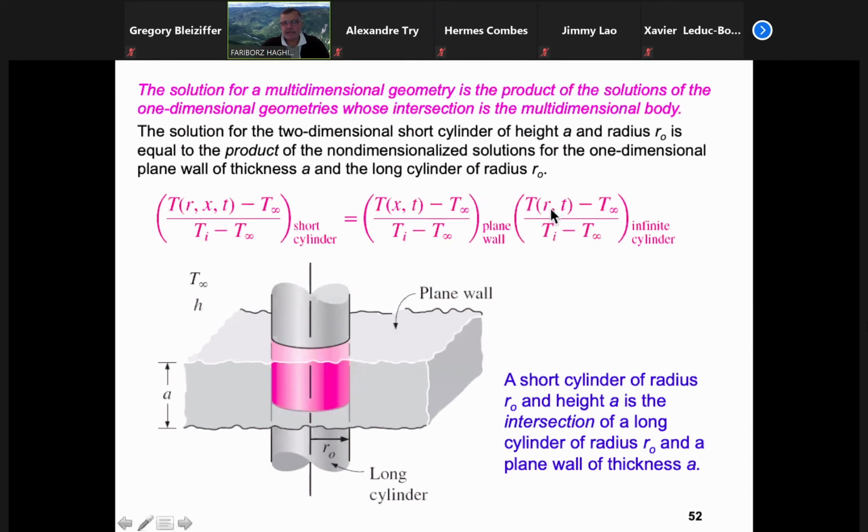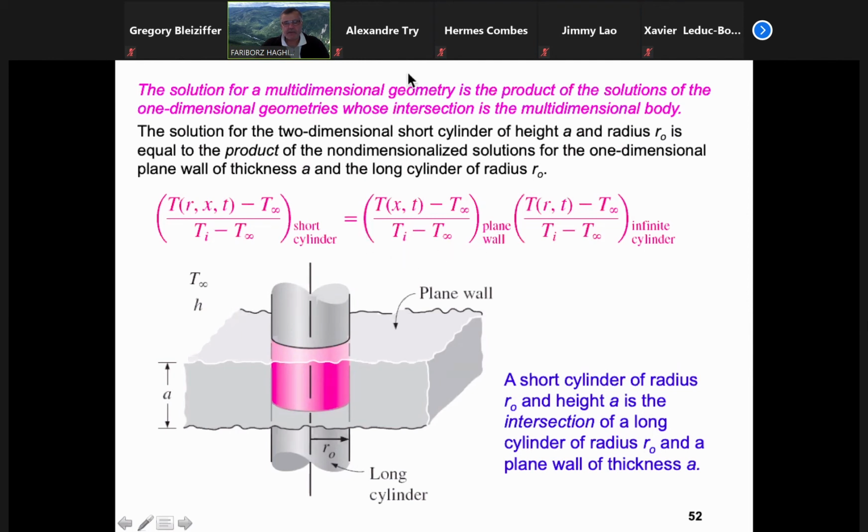Therefore, the characteristic length is the radius of the cylinder, okay? Remember when you're using this figure that I showed you, when you're calculating the Biot number and Fourier number, the characteristic length is R, the radius, okay? And the Lc is R.